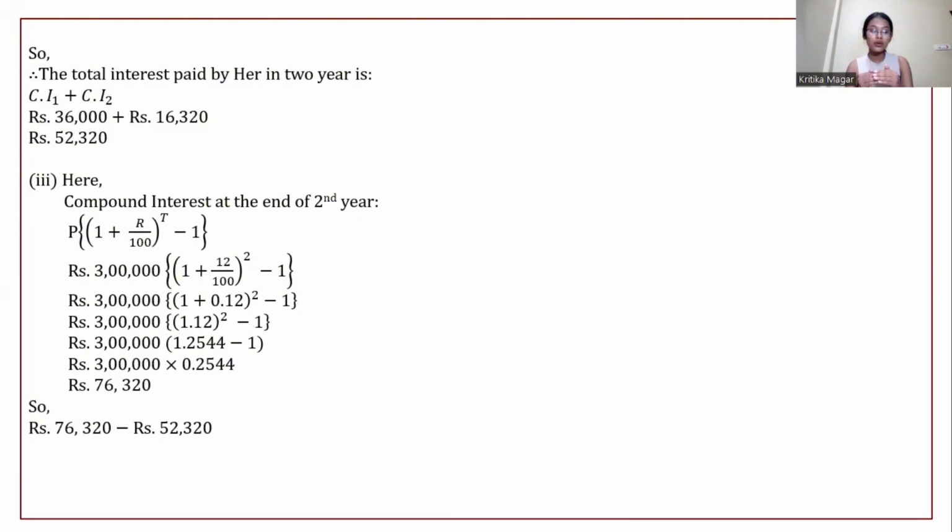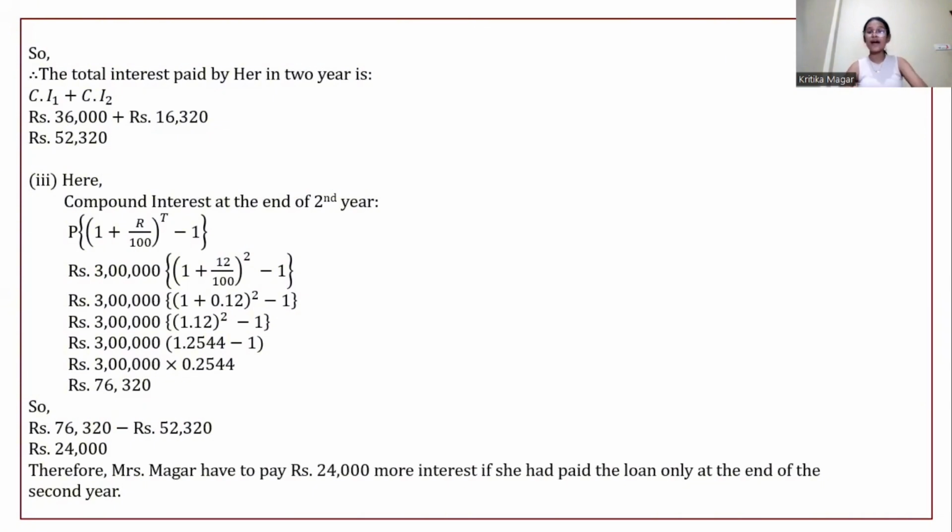If that condition had not been there, using the original condition, the total interest we found is 52,320. So the answer would have been 76,320, and we have to subtract 52,320 from 76,320 to get the answer rupees 24,000. Therefore Mrs. Mugger would have to pay rupees 24,000 more interest if she had paid the loan at the end of the second year.